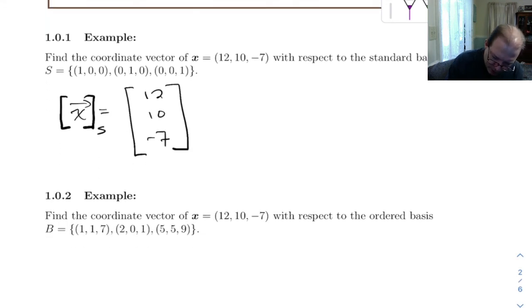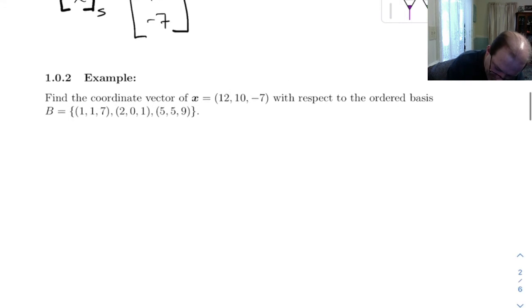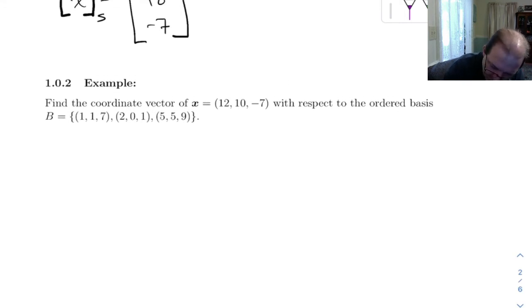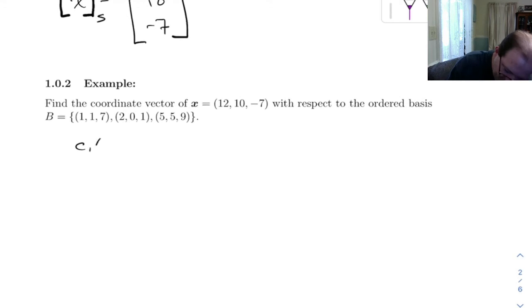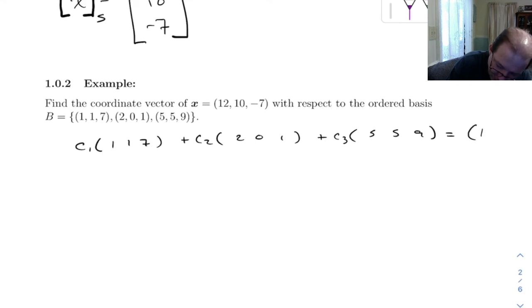All right. Now let's find 12, 10, negative 7 with respect to this ordered basis. Okay, this one we've actually got to do a little bit of work for. And I'm going to write this one out long because it's the first one. But what you would do here is you would say C1 times 117 plus C2 times 201 plus C3 times 559 equals 12, 10, negative 7.